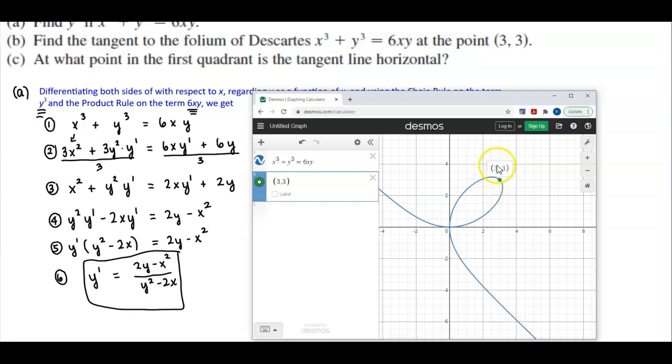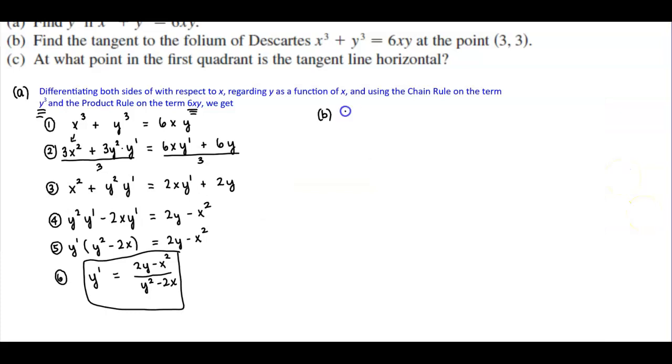So in the ordered pair (3, 3), we know the values of x and y. For part B, the ordered pair (3, 3) tells us that x is equal to 3, and y is equal to 3. What we're going to do is plug those values into the derivative from part A so we can figure out what the slope is going to be.